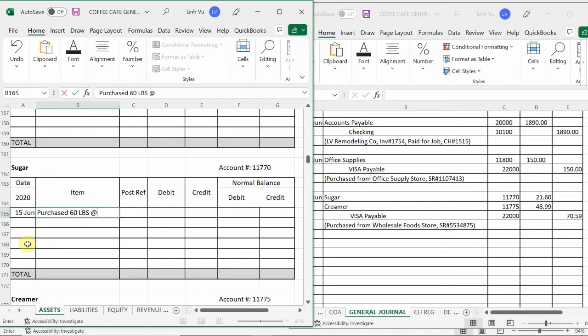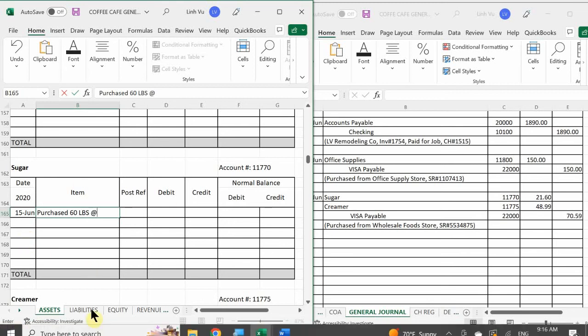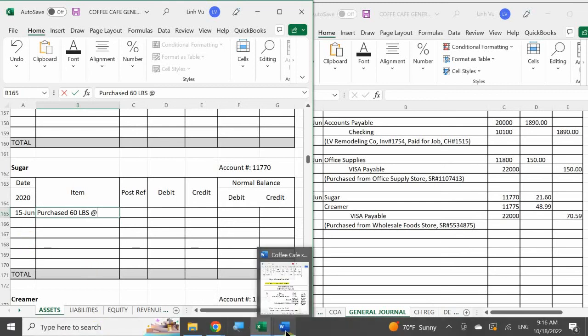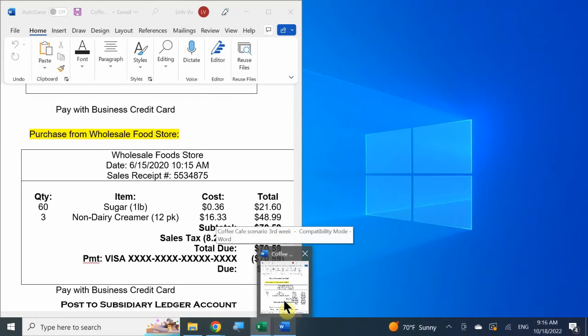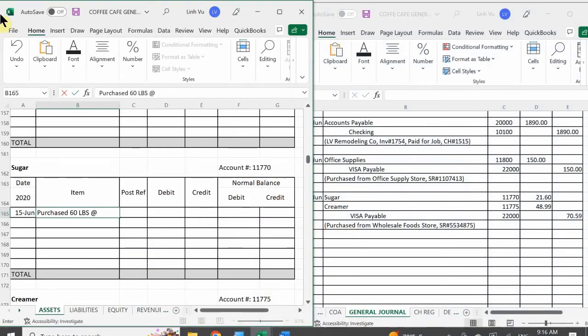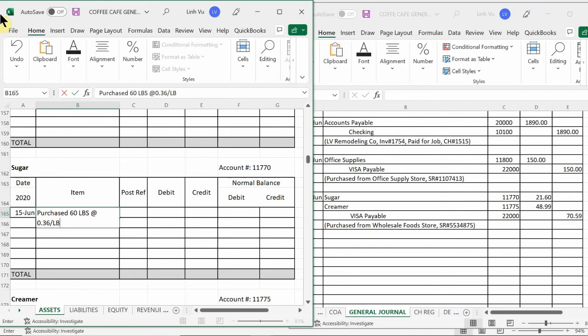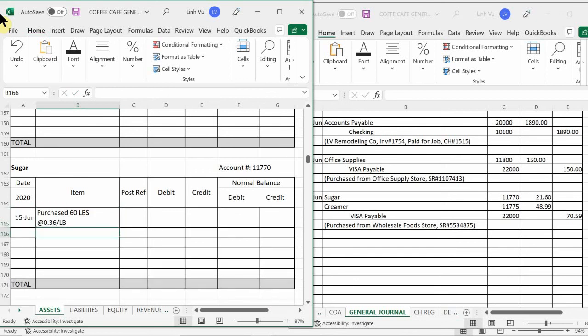What's the cost per item? 36 cents per pound. Journal page 5, for $21.60 debit.